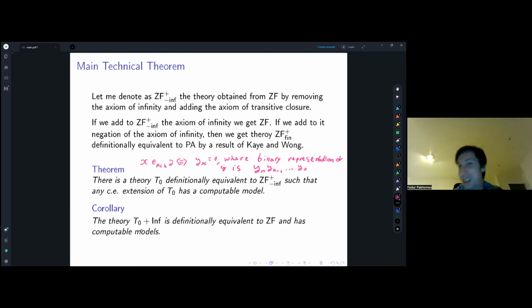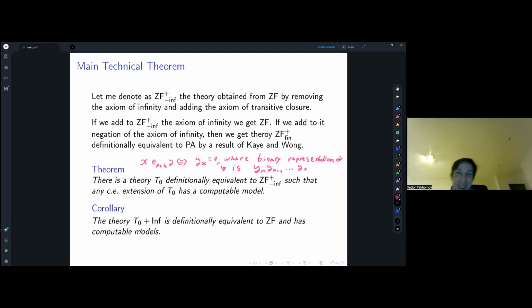So this is basically how we prove this result about theories definitionally equivalent to Peano arithmetic with non-standard computable models.